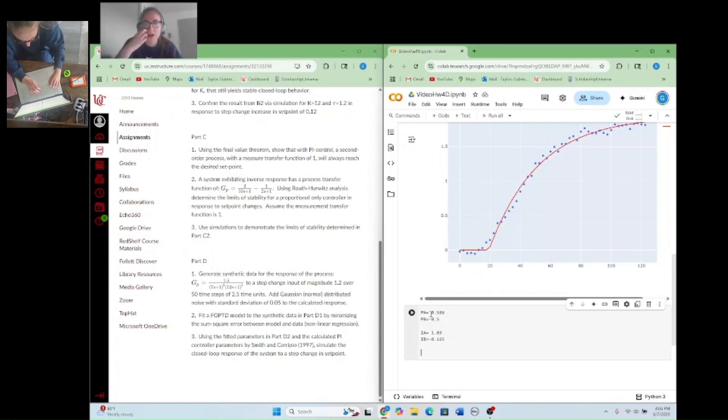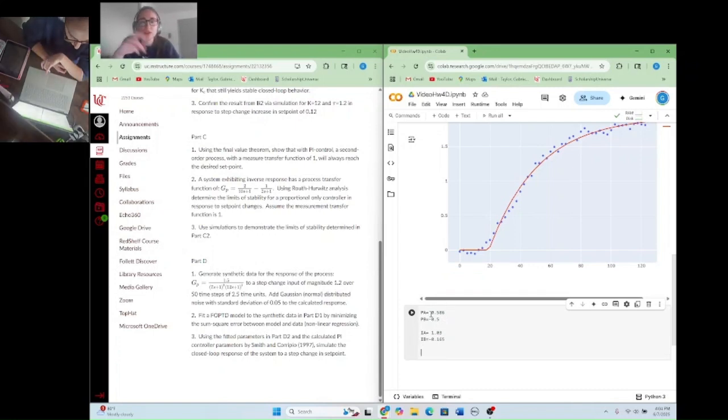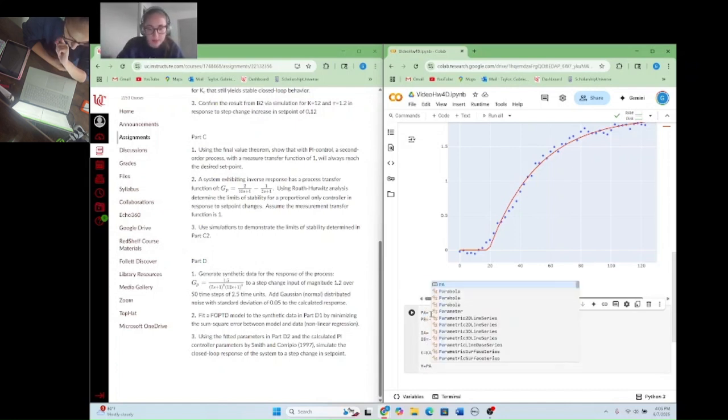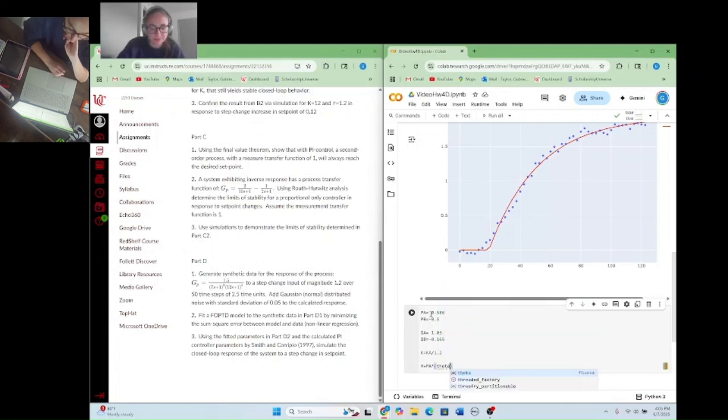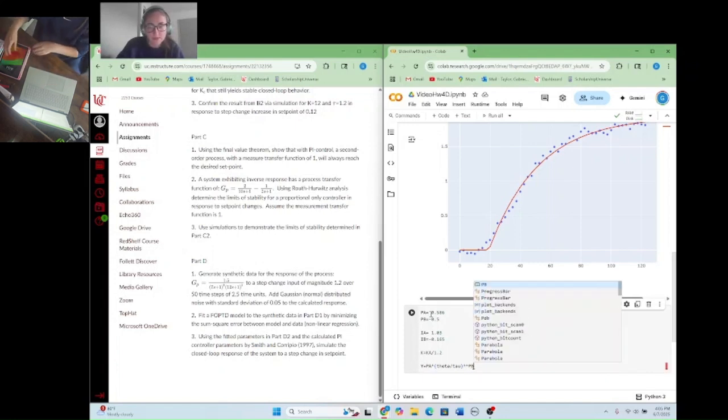And then in our previous problem, we were using Ka, right? We're going to use K this time, so K is equal to Ka divided by 1.2, and then we have our Y, so Y is going to be equal to PA times theta divided by our tau, to the power PB.